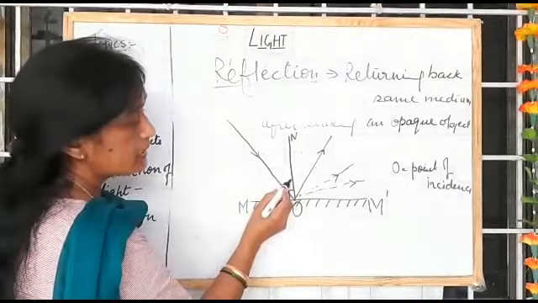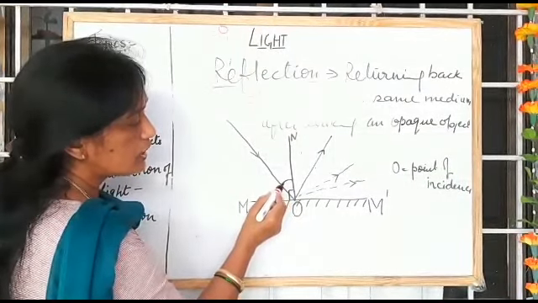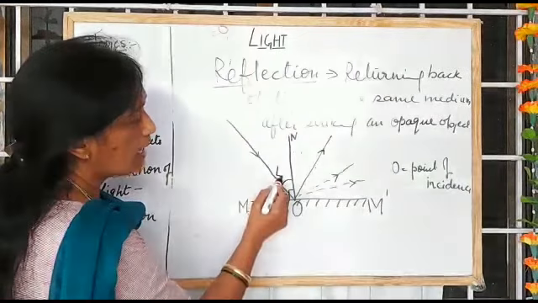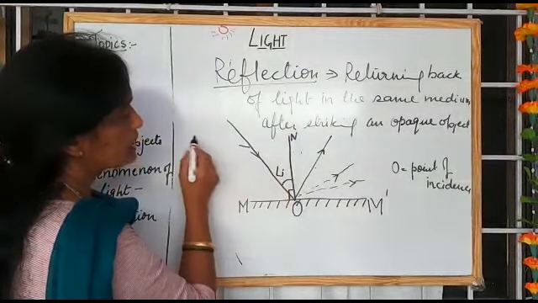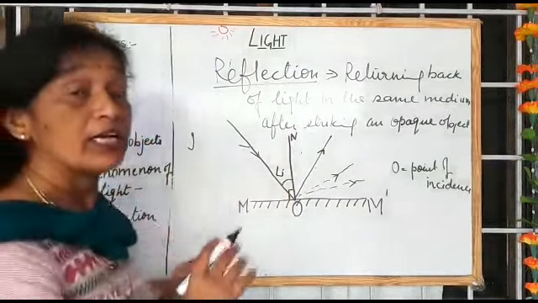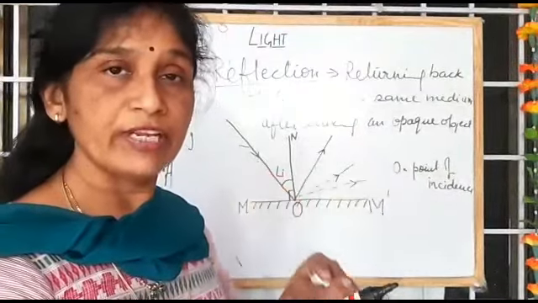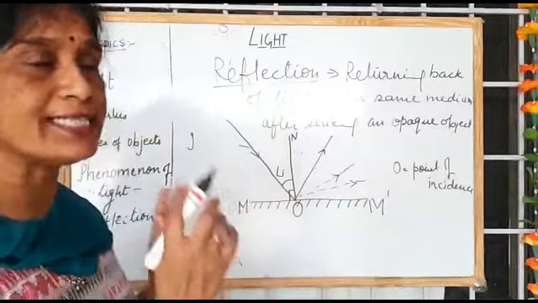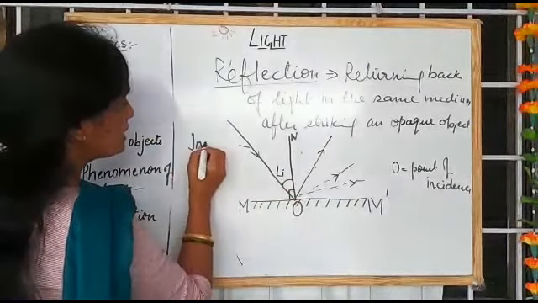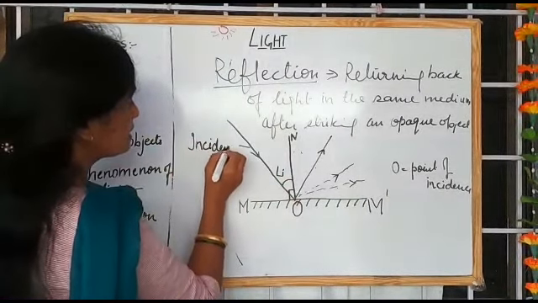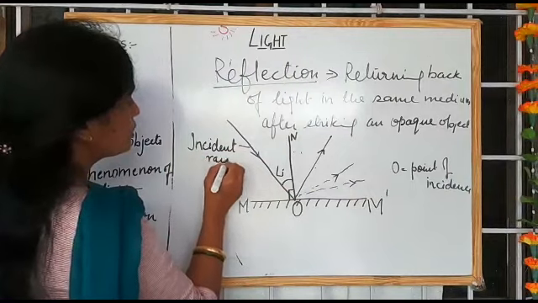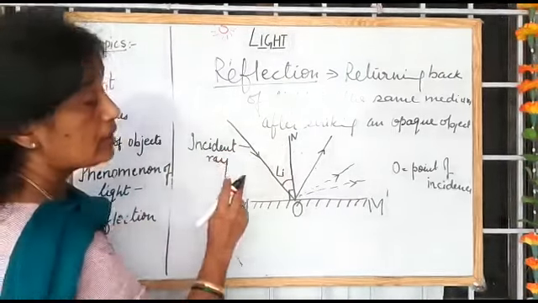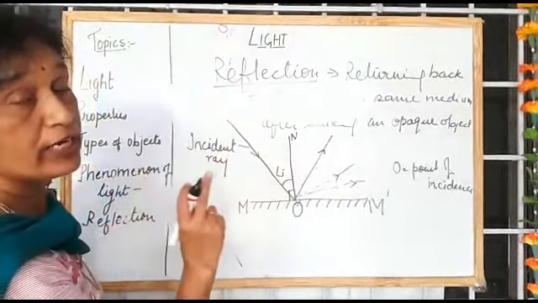Okay, then the angle which the incident ray makes with the normal is the angle of incidence, and this ray is an incident ray. The ray which is coming and falling on any object is called the incident ray. This one is a normal, perpendicular to the surface at the point of incidence.